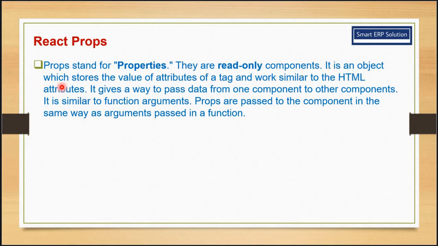It is an object which stores the value of attributes of a tag and works similar to HTML attributes. It gives a way to pass data from one component to other components. It is similar to a function argument. Props are passed to the component in the same way as arguments are passed in a function.